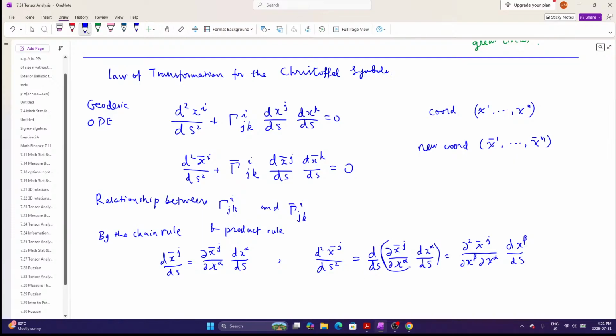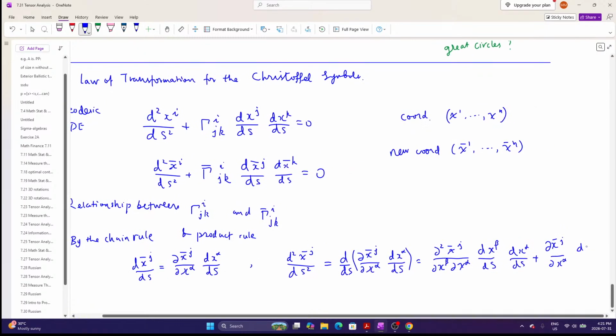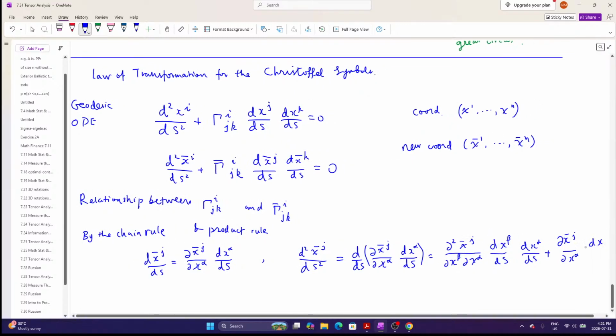So this is just the chain rule applied to this factor. And then times dx alpha over ds, plus, well, that's the product rule, dx bar j over dx alpha times d squared x alpha over ds squared.